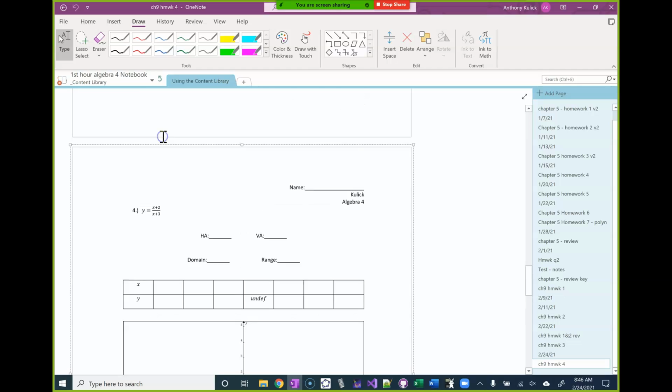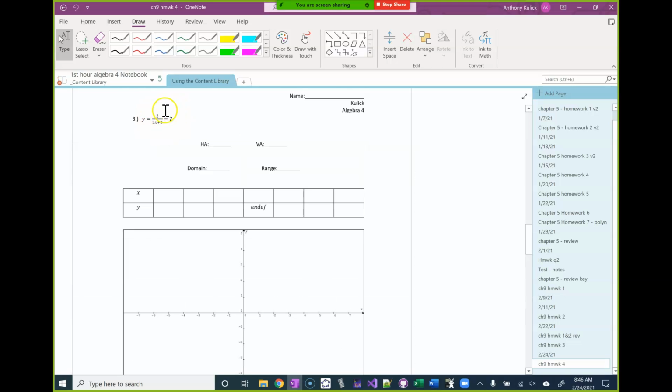But there's two ways that people like to write it. I would say this first way is the more standard way, because we like having that horizontal asymptote easily identifiable. But that's all there is to that. So it just depends on the original problem, how it's written, which one you'd want to do.